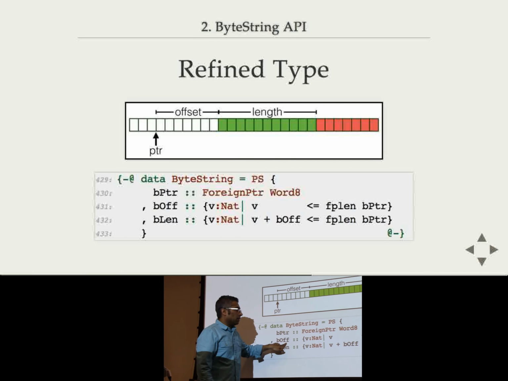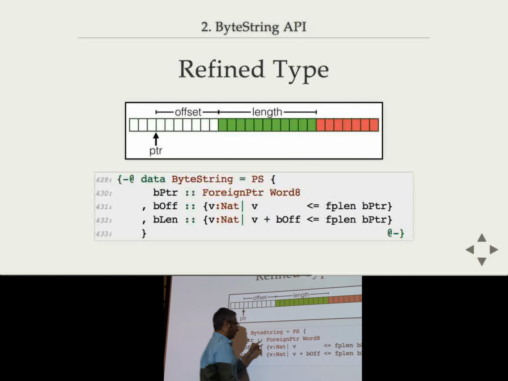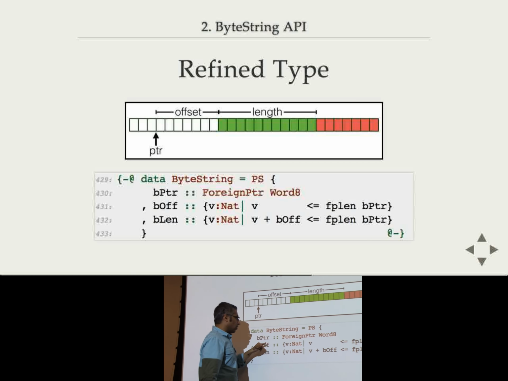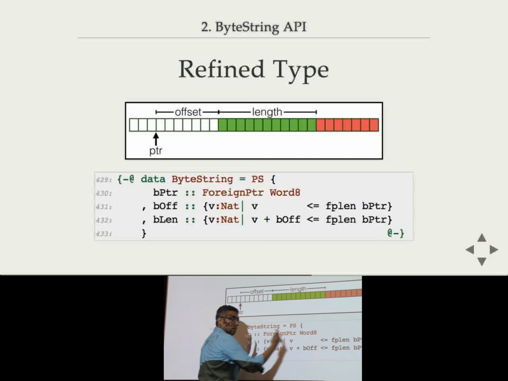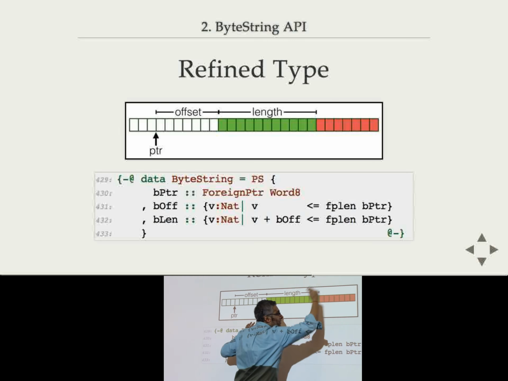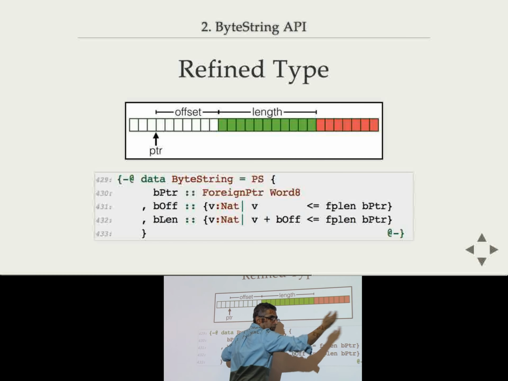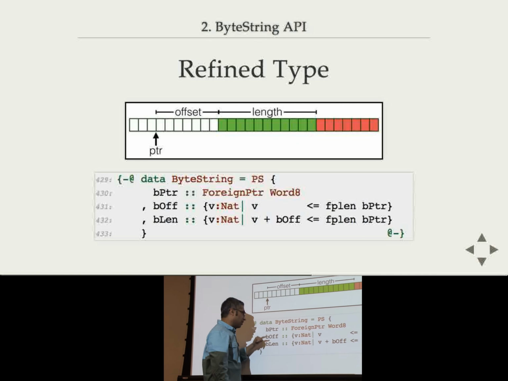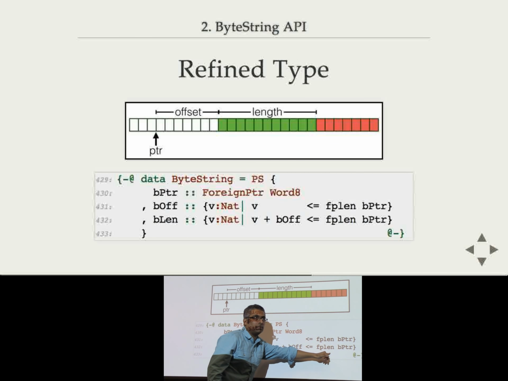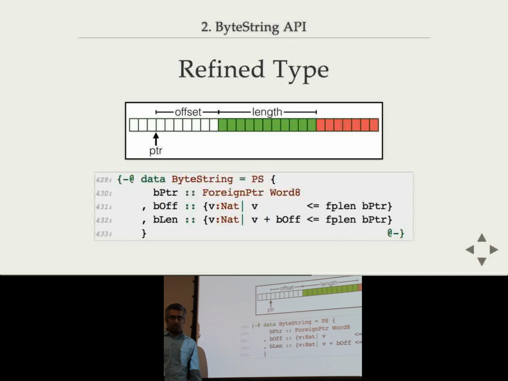You have some pointer, the payload pointer as they call it. Your offset must be within the FP-len of the payload pointer. So if you allocated 100 bytes, your offset can't be 298. Okay, it must be less than 100. And furthermore, your length must be such that the length plus the offset is still within the bounds of the allocated region. Okay?